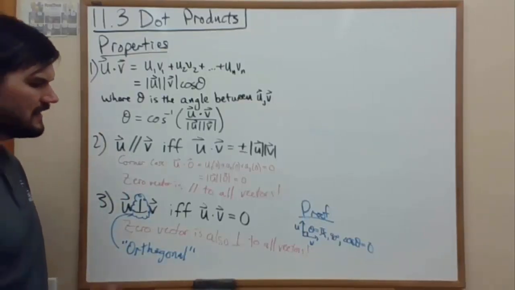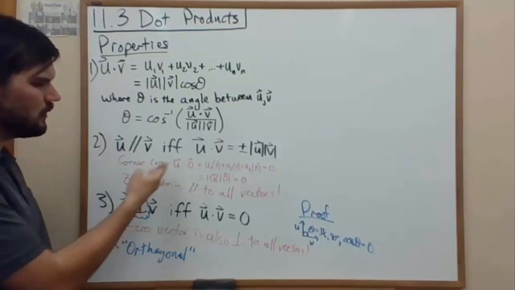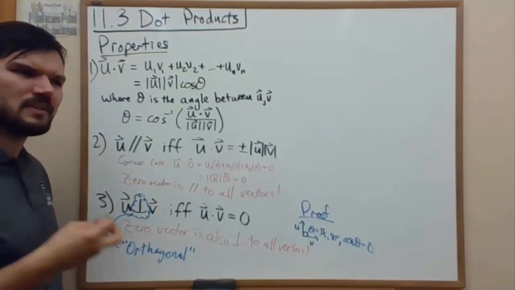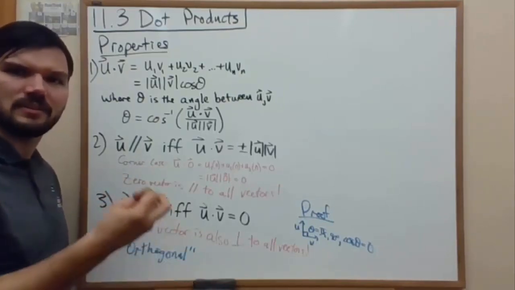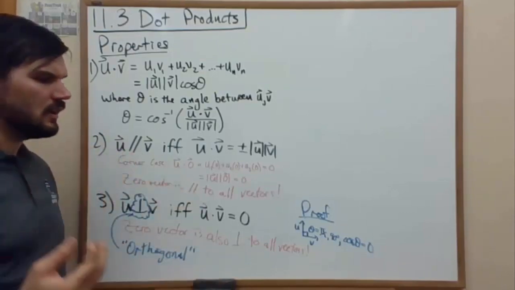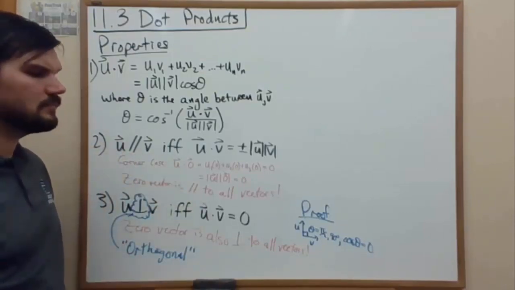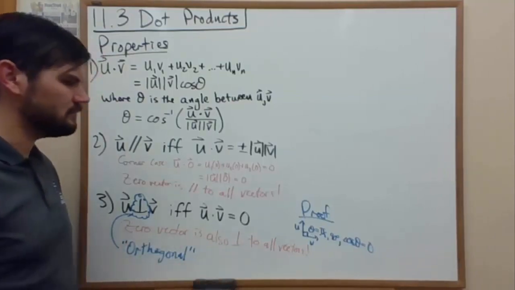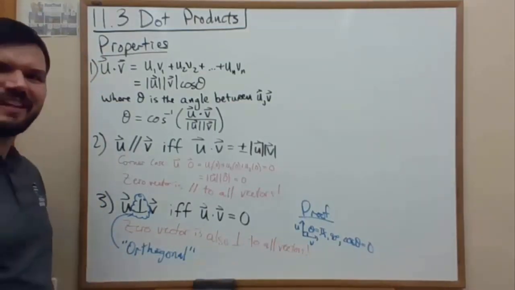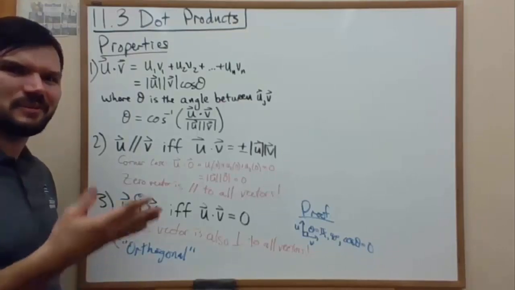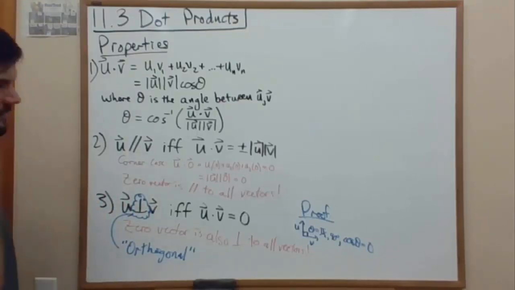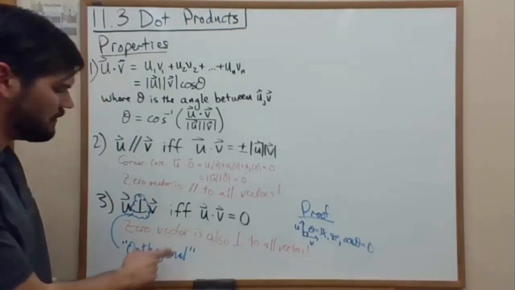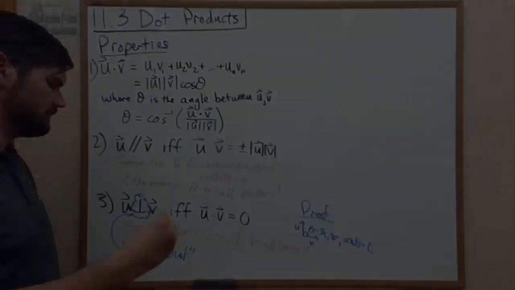So the 0 vector does create these two corner cases which force us to use different language in how we describe vectors to be correct in all cases, not drive ourselves into a corner we can't get out of. Okay, so that's why we use the word orthogonal.